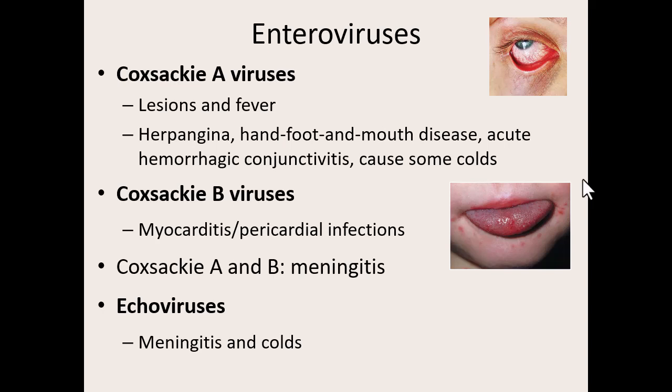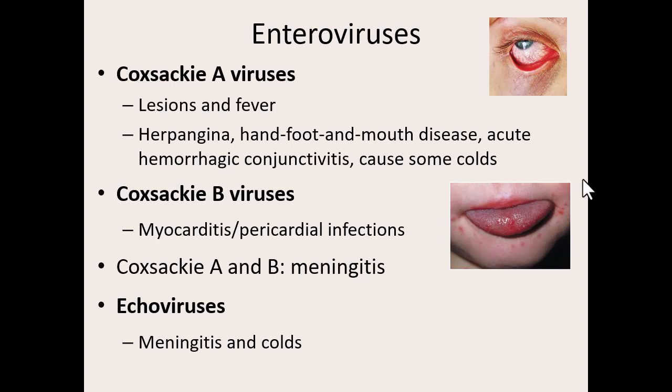They are both genetically very similar to each other, but Coxsackie A viruses generally cause less severe signs and symptoms than Coxsackie B viruses. Coxsackie A viruses usually cause lesions on the skin as well as fevers.